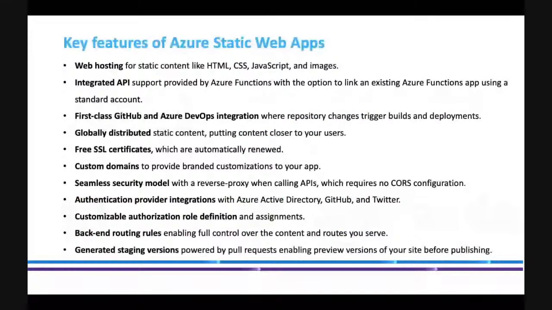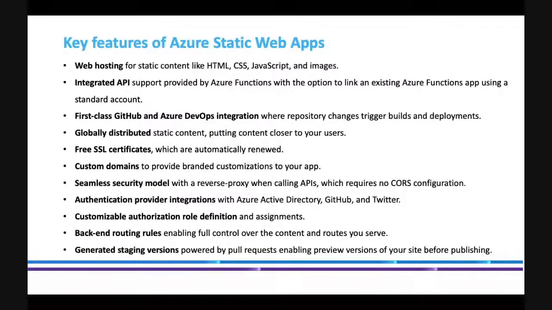Now let's see some key features of Azure Static Web Apps. First is web hosting for static content like HTML, CSS, JavaScript, and images. Integrated API support provided by Azure Functions, with the option to link an existing Azure Functions app using a standard account.